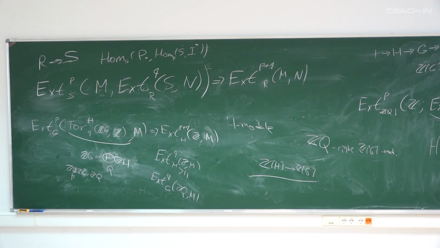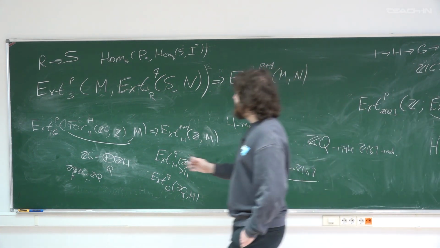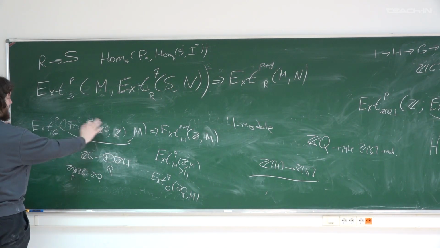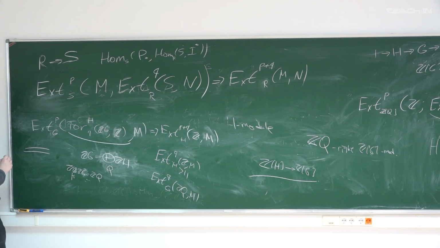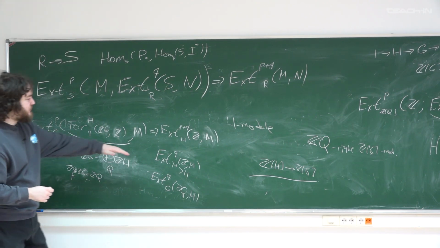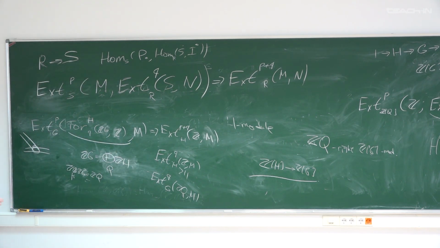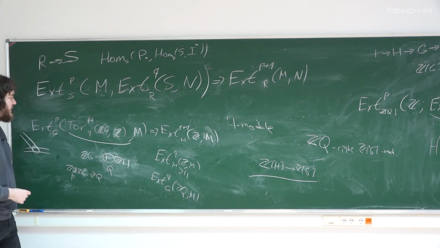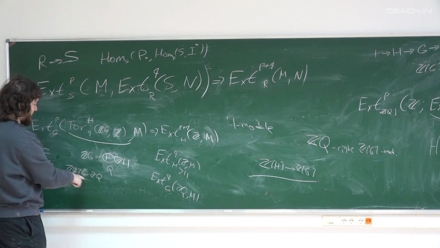I have a spectral sequence, and all these parts are 0, so on my second page I have only the 0 row. If in your spectral sequence you have only one row, then the infinity page is isomorphic to the elements of this row. In each diagonal I have only one element, so my target is isomorphic to this row, because ZG is a free ZH module and the 0 Tor, the tensor product, is just ZQ.